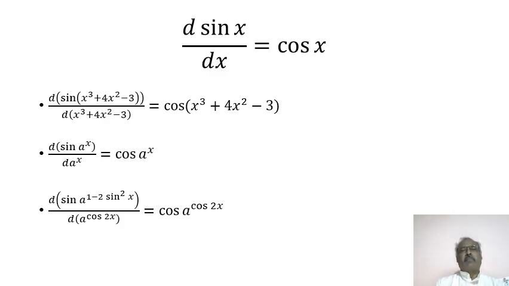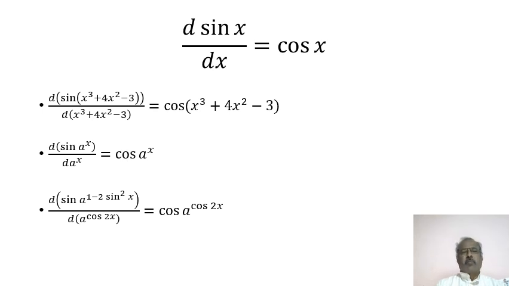We can work with any other standard form. For example, the standard derivative of sine x with respect to x is cos x. So d sine x by dx is equal to cos x. Instead of x, we can have x cube plus 4x square minus 3, any other polynomial.